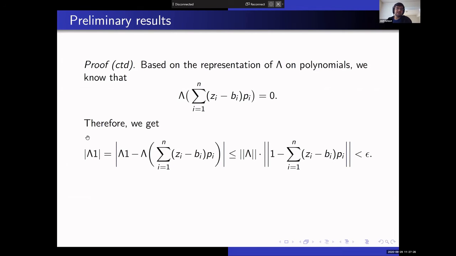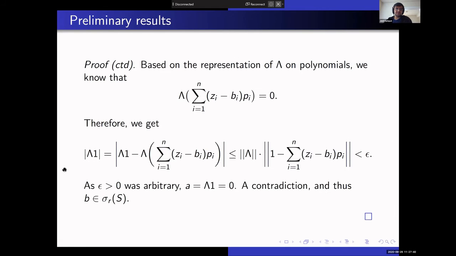So then we get the absolute value of lambda of 1 is the same as lambda of 1 minus lambda of this polynomial. If I take the appropriate bound, since lambda is a bounded linear functional, this whole thing is less than epsilon. And since epsilon was chosen to be arbitrary, that means lambda of 1 is 0, which is a contradiction. And so the point B belongs to the right Harte spectrum.